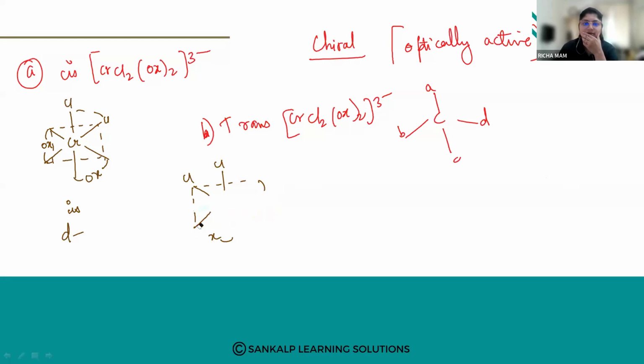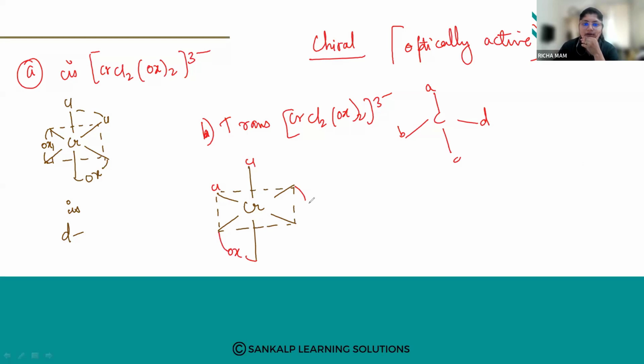Wait, let me write it properly. Chromium 1, 2, 3, 4, 5, 6. So chromium here, one Cl, here one Cl, oxalato, oxalato. Chromium, Cl, Cl, oxalato, and oxalato.